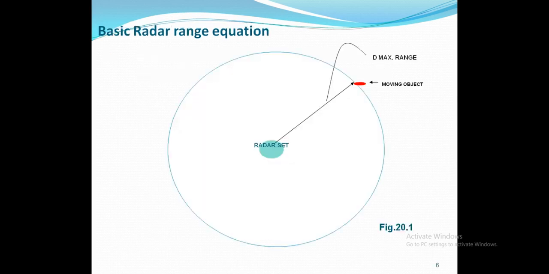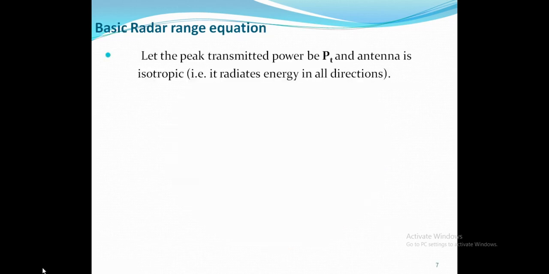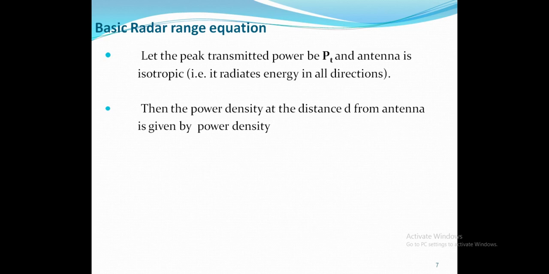Here this is the radar set, and in that, the moving object is here at the maximum range. Let the peak transmitted power be PT, and the antenna is isotropic. That means it radiates the energy in all directions.